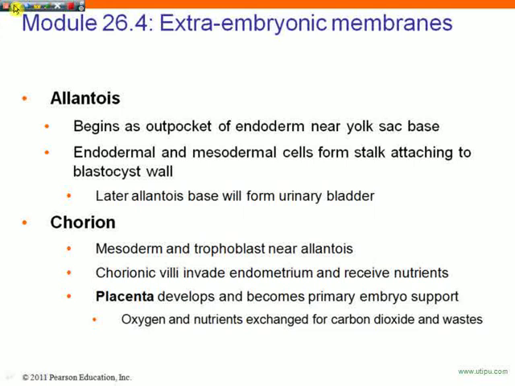A membrane called the chorion is from the mesoderm and trophoblast near the allantois, and this is what will form the placenta, and once it's formed, becomes the primary support for the embryo, providing oxygen and nutrients in exchange for carbon waste products.